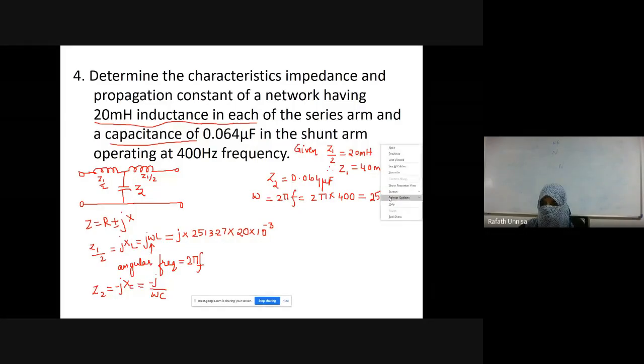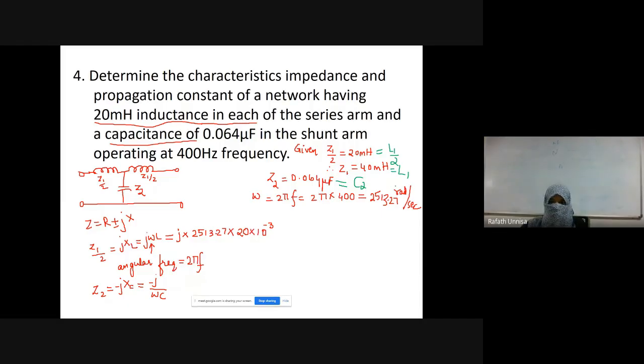What is given is L1 by 2. Over here I have found the L1 value, and Z2 is nothing but the C2 value given.